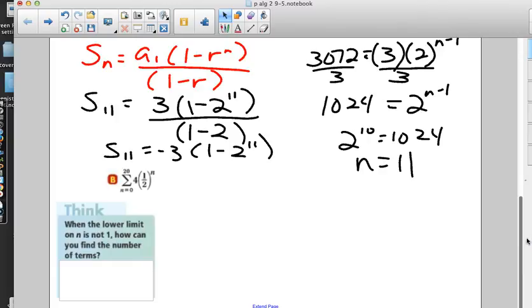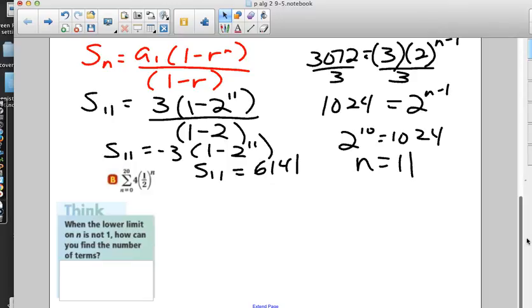Parentheses and all. Bam-o. 6,141. Should it be big? Yeah, it's geometric. It's going to be big.